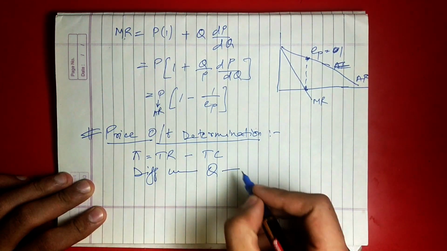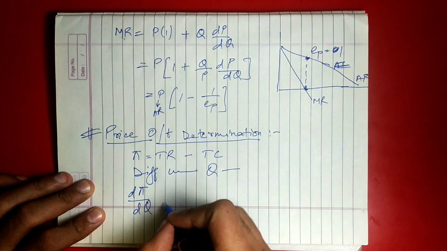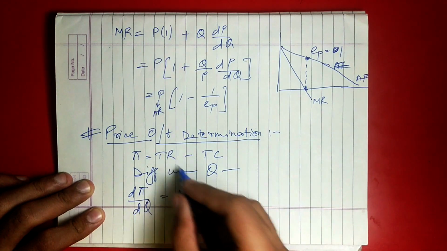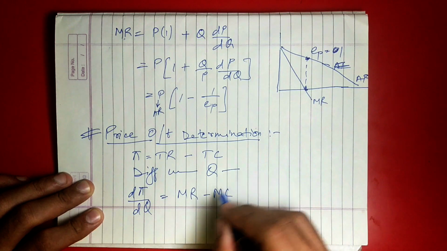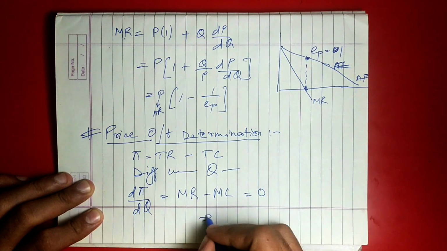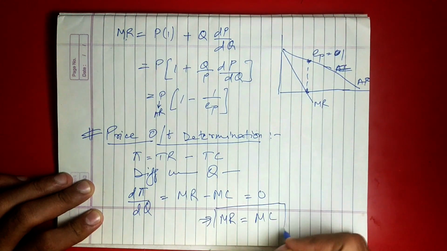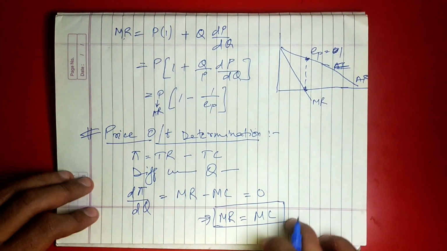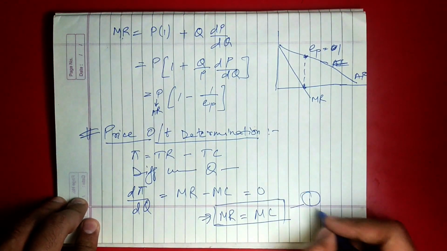Differentiate with respect to Q. Now you will get d pi by dq is equal to MR (if you differentiate TR) minus MC. So you put the first derivative equal to 0. This implies MR is equal to MC. This is the first condition, but it's not necessary that it will be maximized here. You have to check through the second derivative, but the first condition we got.